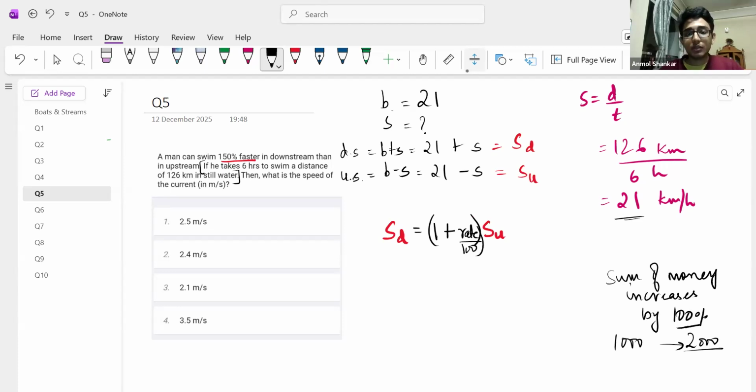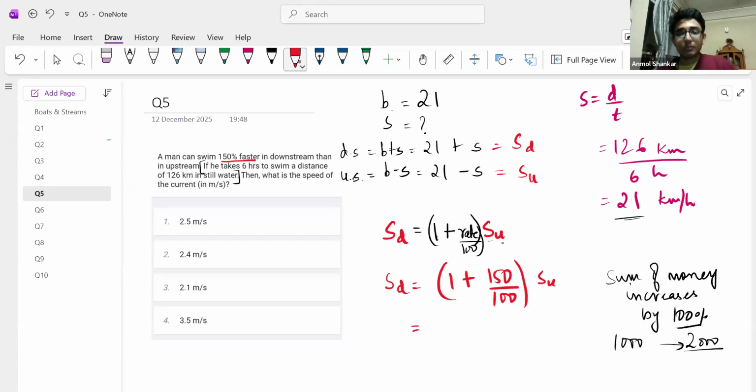So SU வந்து என்ன இருக்கோ plus எவ்வளோ percentage ஜாஸ்தி இருக்கோ, that is the downstream speed, right? It's just a notation or a way of expressing an increase, இல்லையா? So SD வந்து இந்த கேஸ்ல it is 1 plus 150 by 100 into SU. In other words, ரொம்ப சிம்பிளா சொல்லணும்னா இது என்ன ஆகும் சொல்லுங்க?